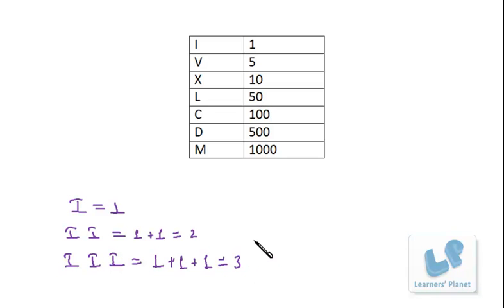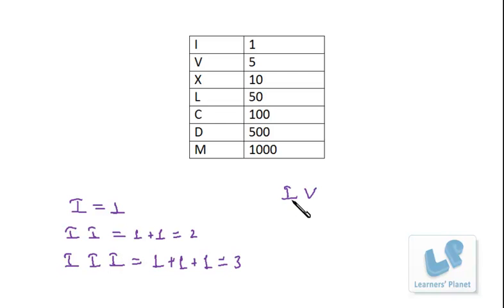Now suppose I wish to write 4. As we have already discussed in the rules of Roman numerals, we cannot repeat I more than 3 times. So we cannot write I four times. What we can do is deduct 1 from 5, so we will get 4. How could we deduct 1 from 5? If we write I at the left side of V, like this.